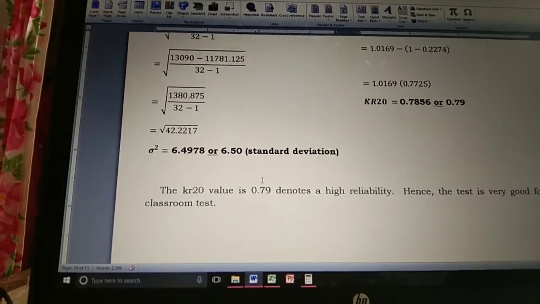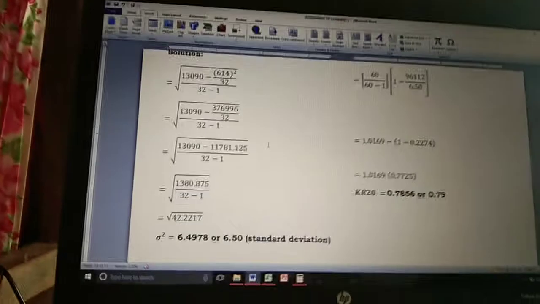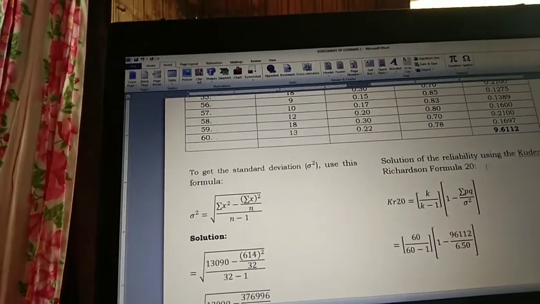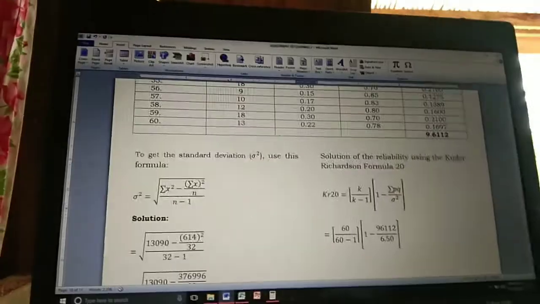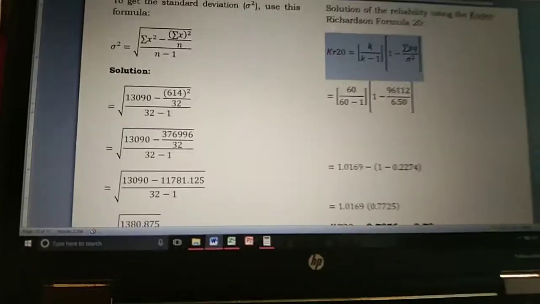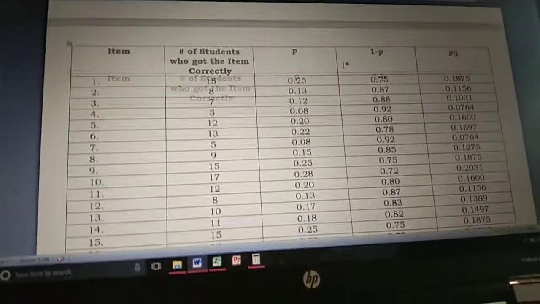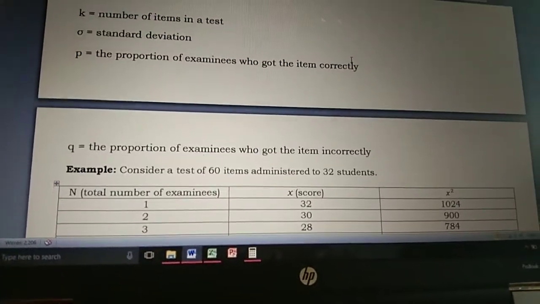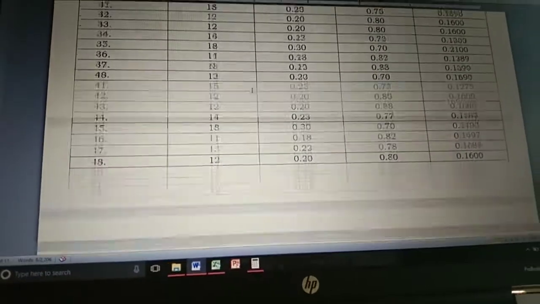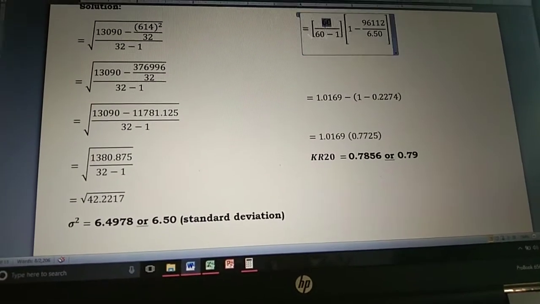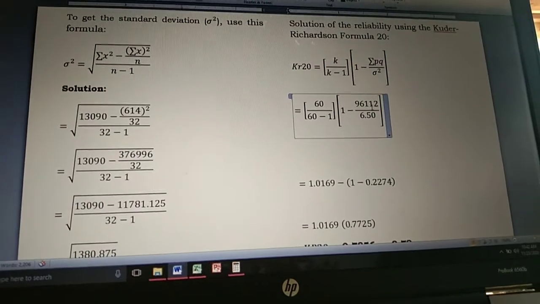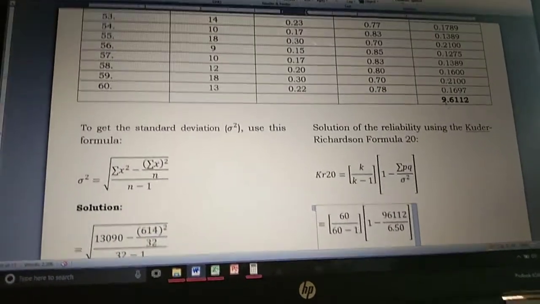So after that, gagamitin na natin yung formula ni Kuder at Richardson. So the solution of the reliability using the Kuder-Richardson formula 20. So KR20. So K is the number of items. Okay, K. Number of items. So palitan na natin yung K ng 60. 60 minus 1. 1 minus the summation PQ.